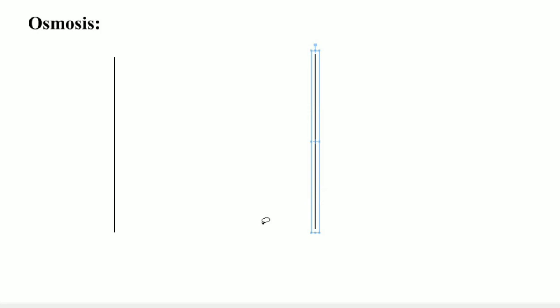Osmosis. Students, let us take a container which is divided into two compartments with a semi-permeable membrane.